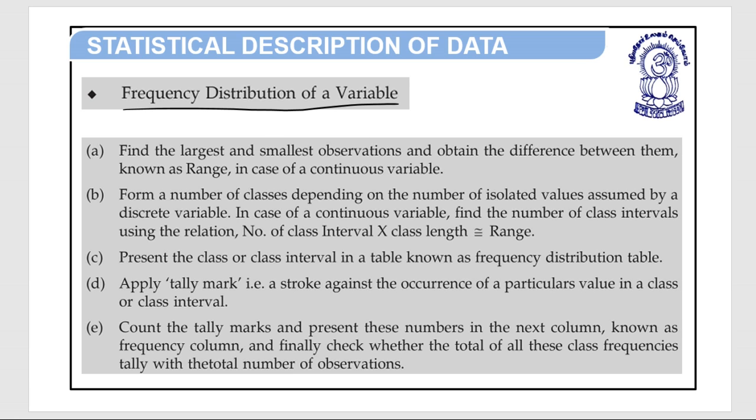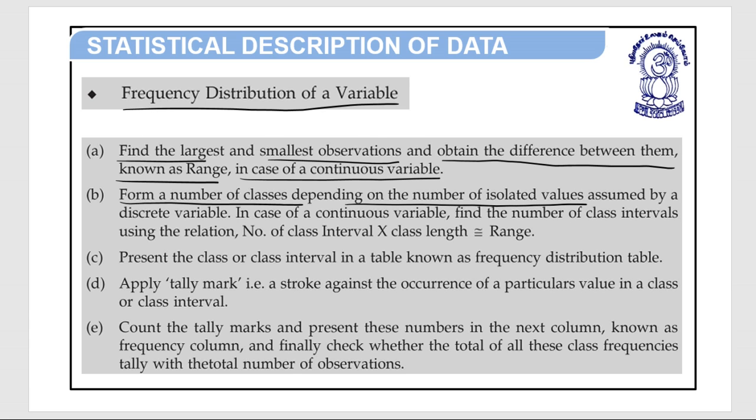Frequency distribution of a variable: find the largest and smallest observations and obtain the difference between them, known as the range in case of a continuous variable. Form a number of classes depending on the number of isolated values assumed by a discrete variable. In case of a continuous variable, find the number of class intervals using the relation number of class intervals x class length approximately equals range.